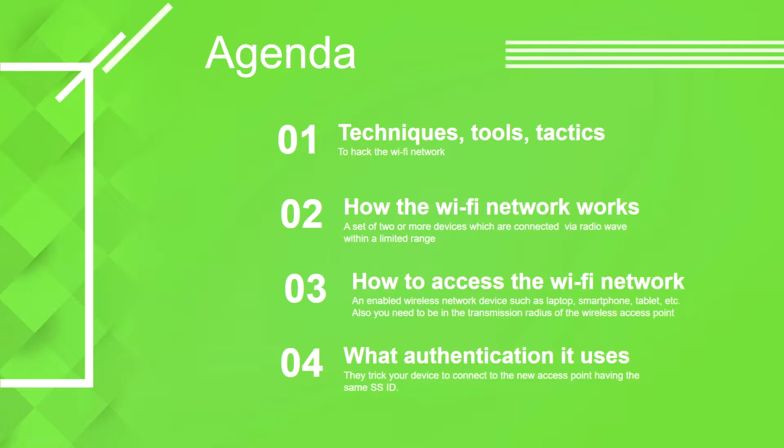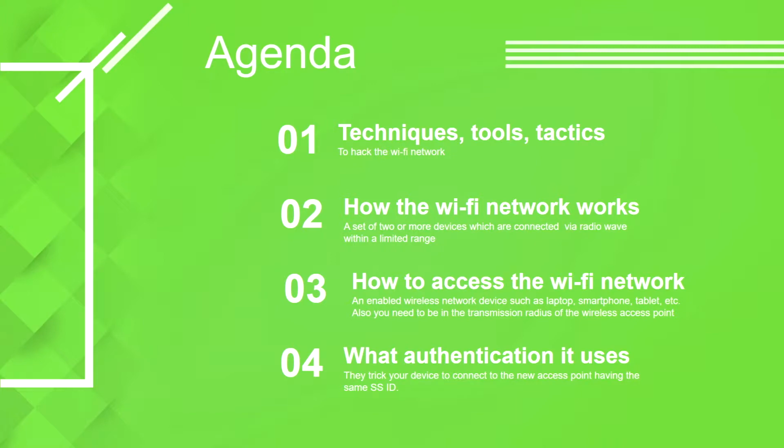Usually, to access a wireless network, you need an enabled wireless network device, such as a laptop, smartphone, tablet, etc. You also need to be within the transmission radius of the wireless access point. Most devices will provide you with a list of available networks.